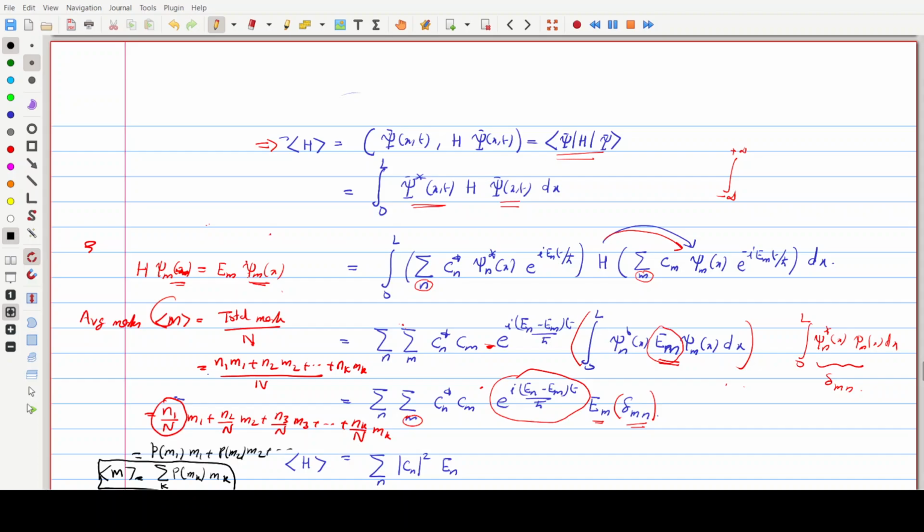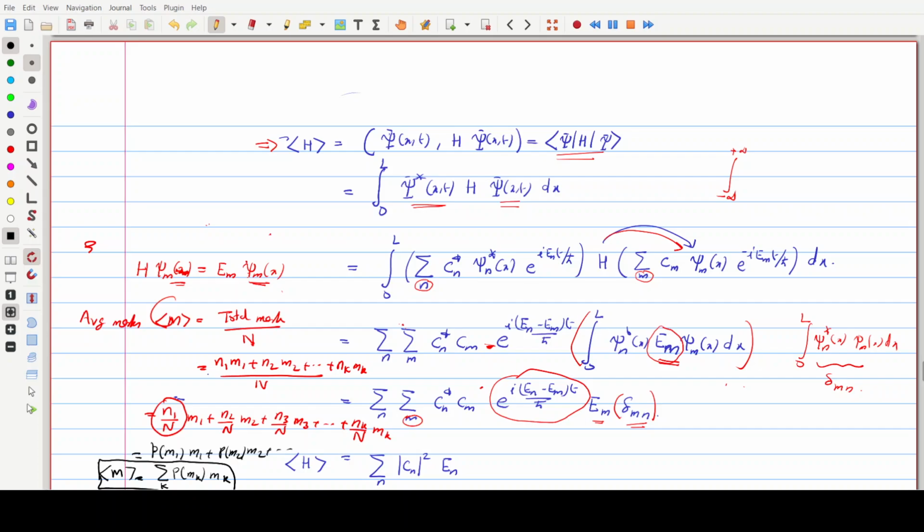Okay. So if you compare these two results, because earlier we found that the expectation value of the Hamiltonian is the sum over n of mod Cn square En, and in the case of the marks of students, that is not really a probabilistic event, but if you use the concept of probability, then the average marks of the students in the classroom can be written as a sum of the product of the probability to get the marks Mk times the marks Mk.